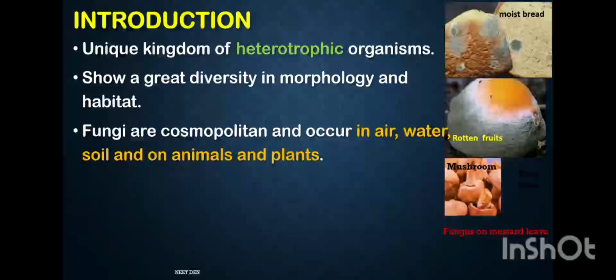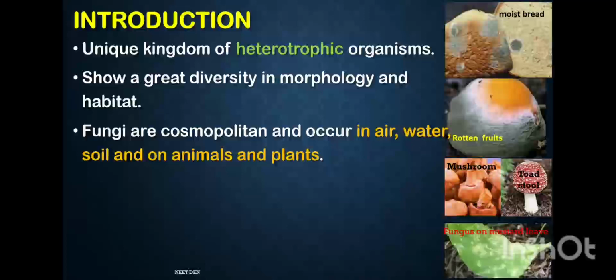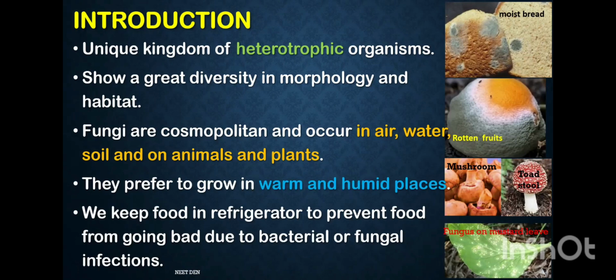Then mushrooms, some of the edible mushrooms that we eat, are fungi. Some mushroom-like organisms called toadstools, though they are not edible, are also fungi. Also, we find fungus growing on various leaves of different plants, like mustard leaves, whitish patches on the surface of the leaves, which are also fungi. So these are some of the common examples of fungi which we look around.